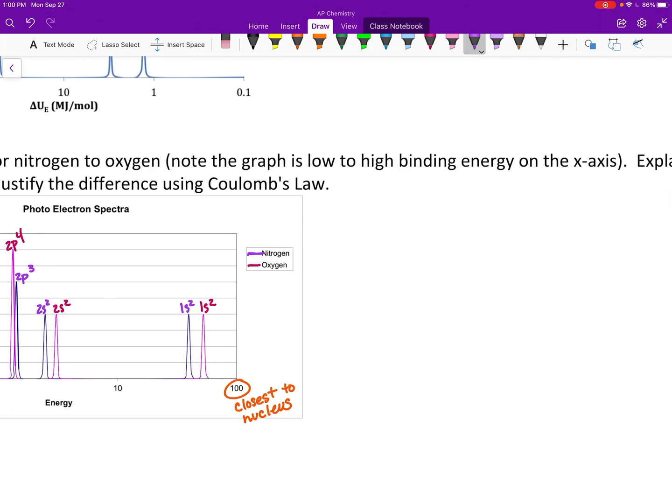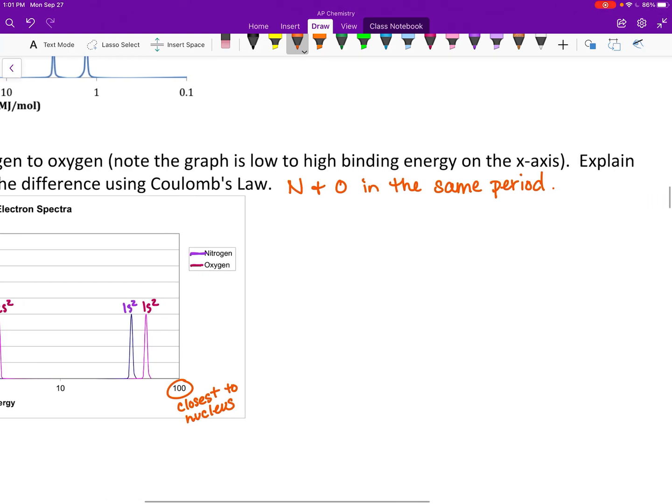So I'm going to kind of scooch over to the side here. And when we are comparing nitrogen to oxygen, nitrogen and oxygen are in the same principal energy number, in the same period on the periodic table.